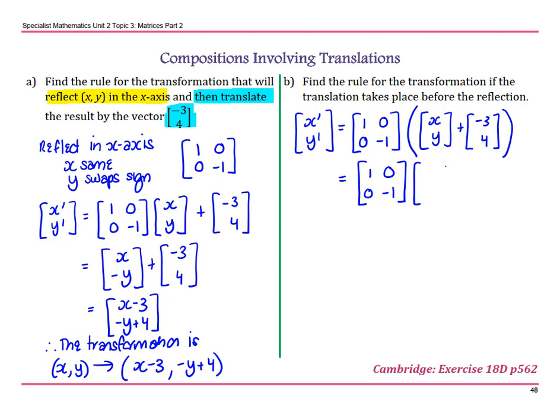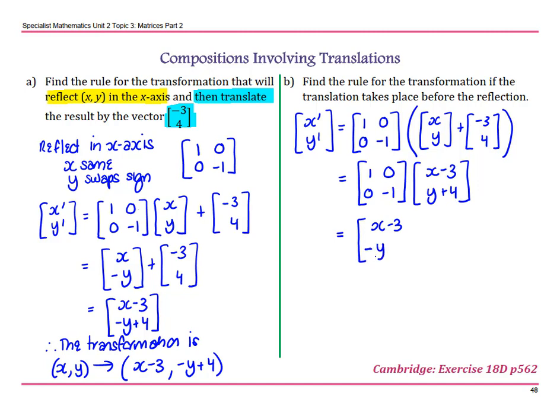So doing the translation would be x - 3, y + 4, and now we can multiply. So 1 times x - 3, 0 times y + 4, so that's x - 3. 0 times x - 3, -1 times y + 4.